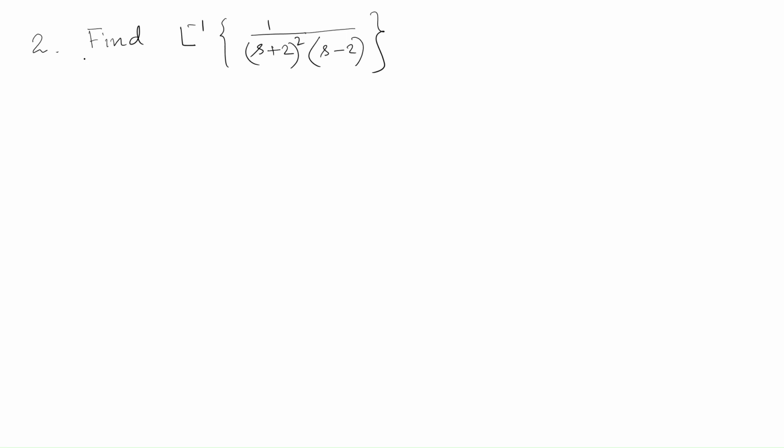Question number 2. Find the inverse Laplace transform of 1 by (s plus 2) whole square multiplied by (s minus 2). We know inverse Laplace transform of 1 by s square is t.